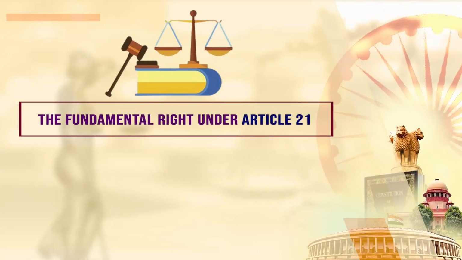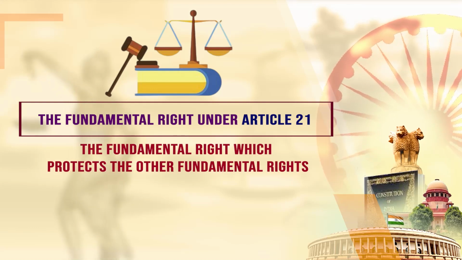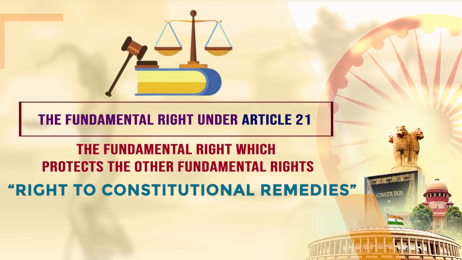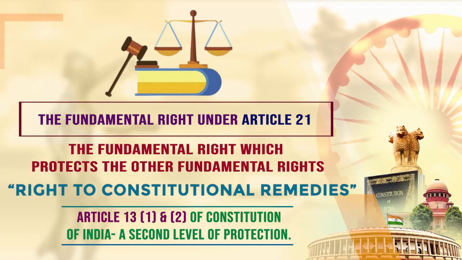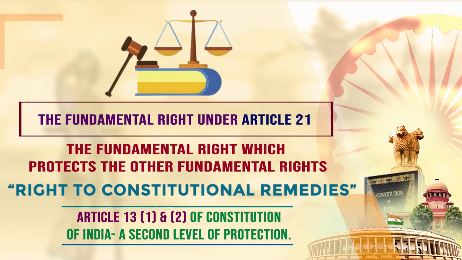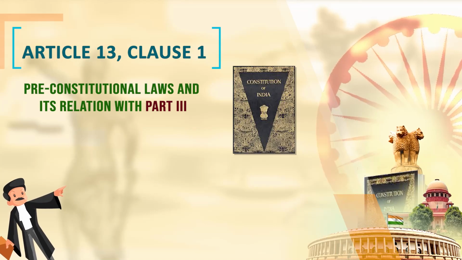But I feel that these fundamental rights, and the fundamental right which protects the other fundamental rights, that is the right to constitutional remedy, are also protected by Article 13 Clause 1 and Article 13 Clause 2. Article 13 Clause 1 says about pre-constitutional law.